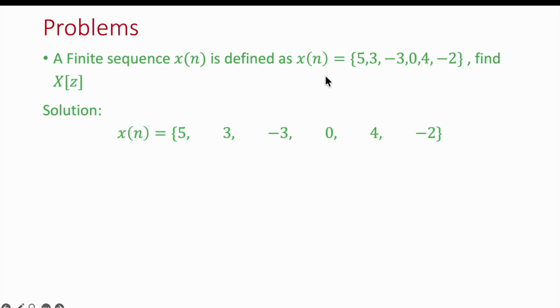So we can rewrite these samples in this format: x of n is 5, 3, minus 3, 0, 4 and minus 2. If you see in these samples, there is no arrow given.